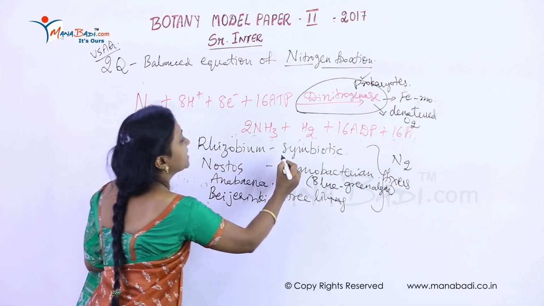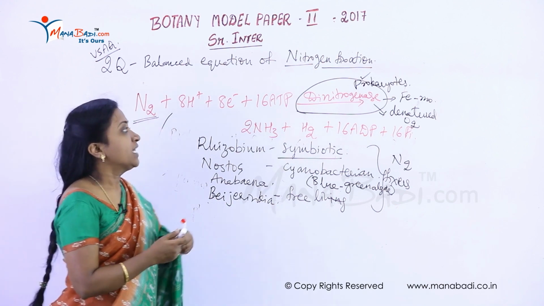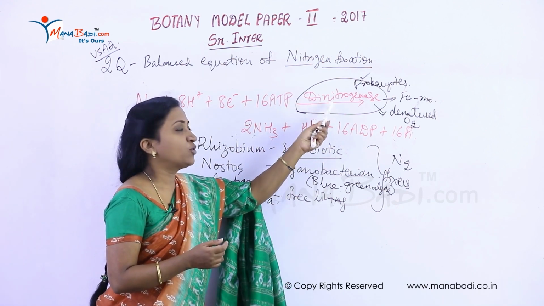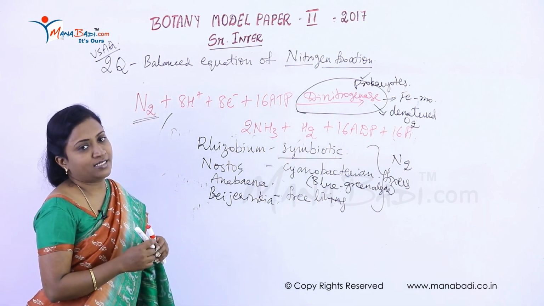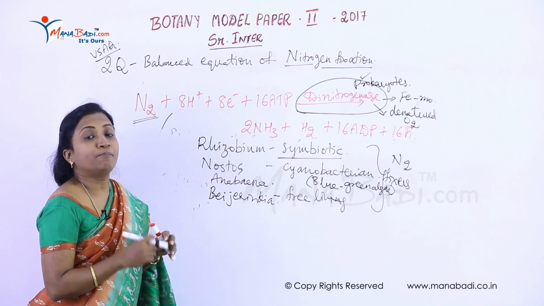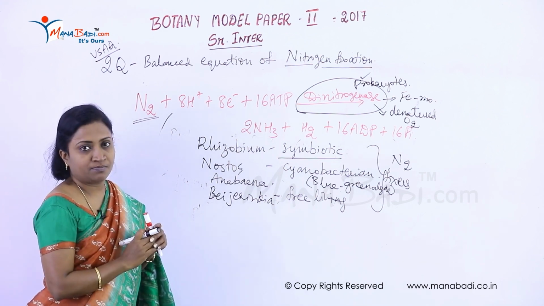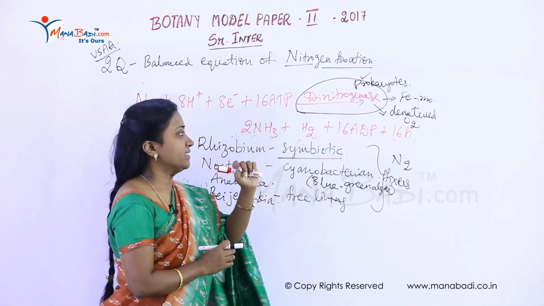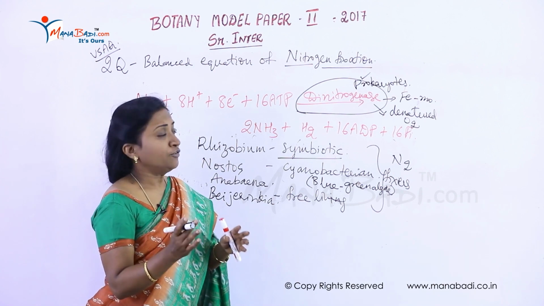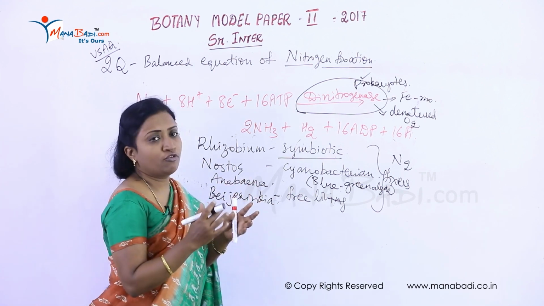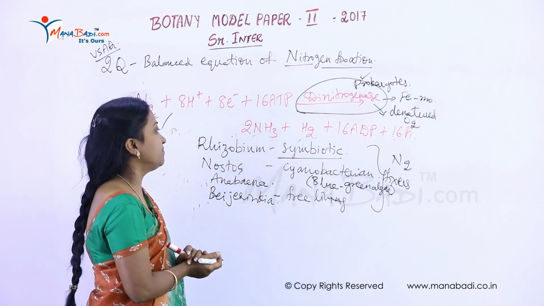In case of the symbiotic microorganisms, this enzyme dinitrogenase, and symbiotic means we all know that it is present in the root nodules of Fabaceae members. Here the nitrogenase enzyme is protected from getting denatured by oxygen.